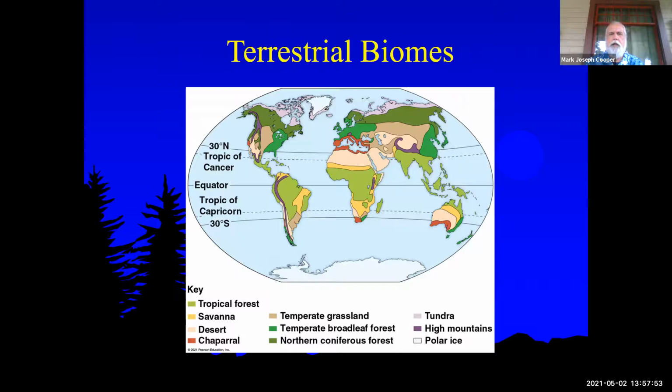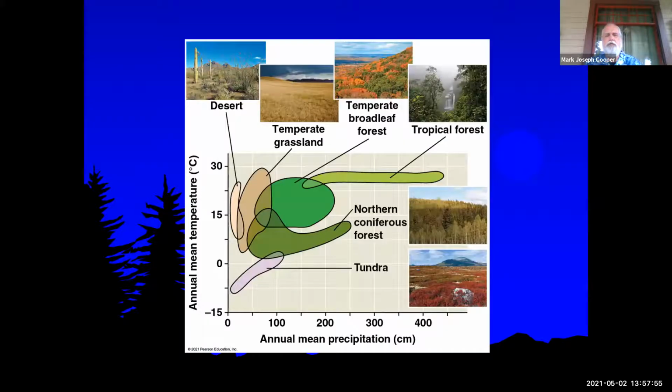Okay, so again, when we talked about terrestrial biomes, we really talked about temperature and precipitation. So here you can see a breakdown, some kind of Venn diagram or concept map idea of what you would find there.